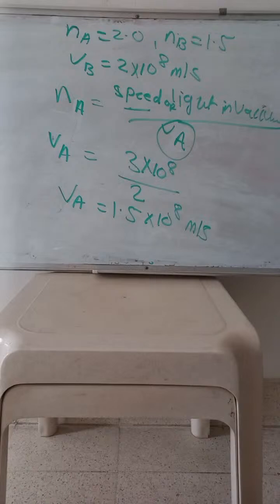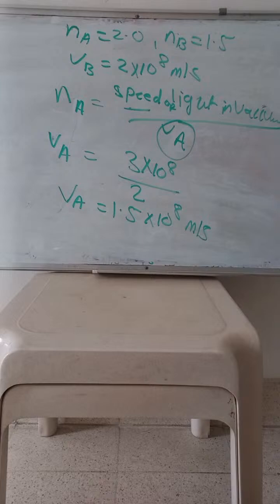If the refractive index of a glass for a light going from air to glass is 3 by 2, find the refractive index of air for light going from glass to air.